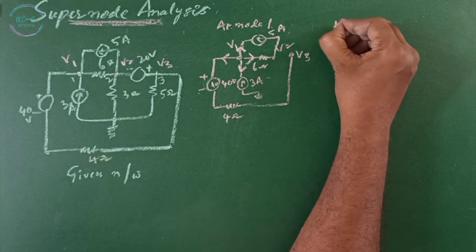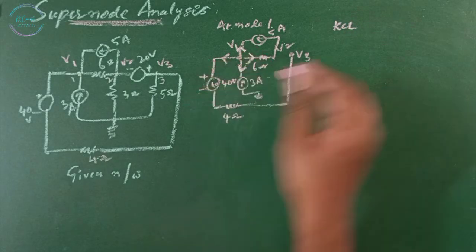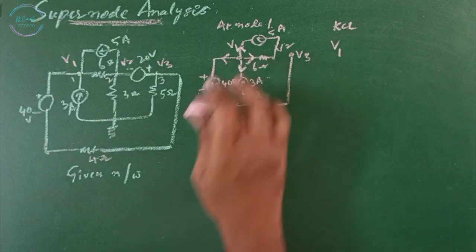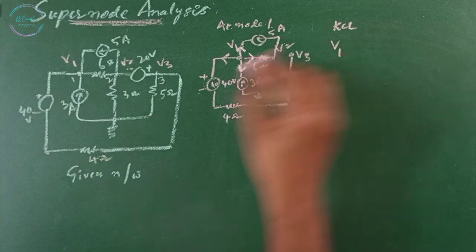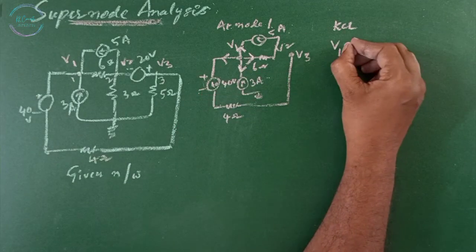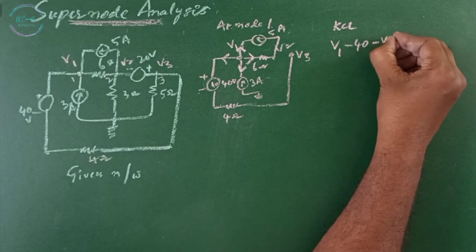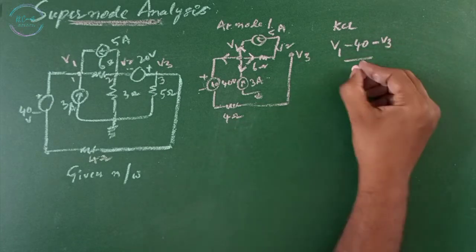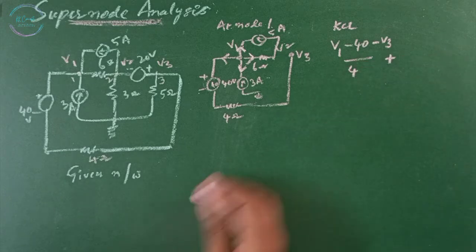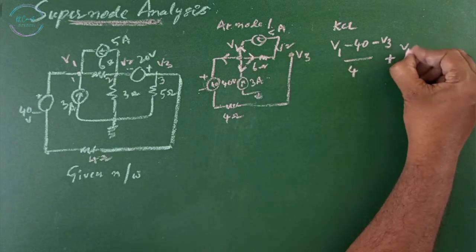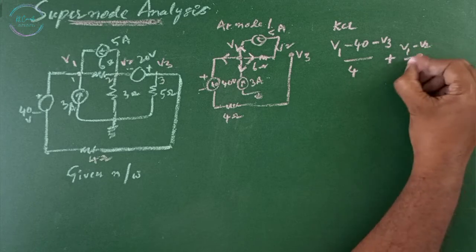Applying KCL, we can write that V1 is at higher potential, minus 40, since it is in the opposite direction of current flow, so minus 40, and it is connected to V3, so minus V3, divided by the total resistance 4 ohms, plus V1 minus V2 divided by 6 ohms.